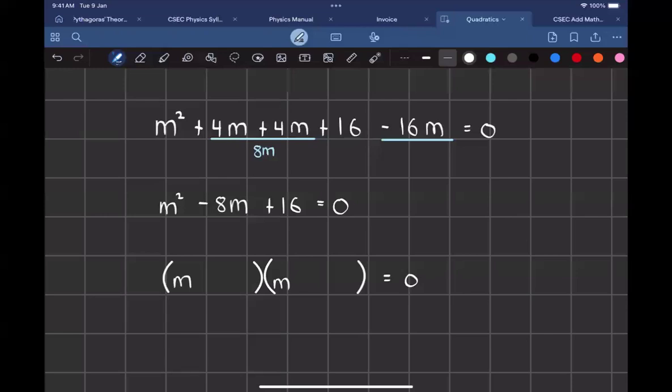Negative 4 by negative 4, yes. That will give you a negative 8. What is negative 4 plus negative 4? Put it in the calculator. Oh, yeah. Okay.